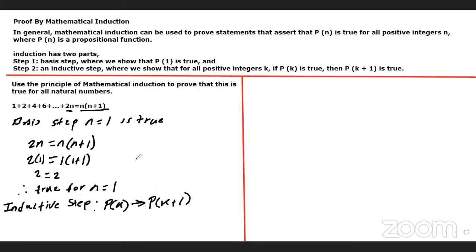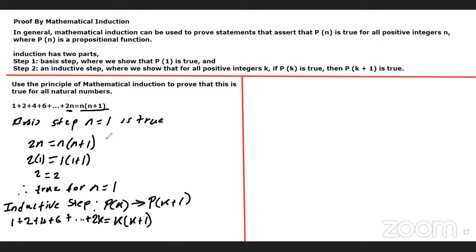First of all, we're going to write this statement in terms of k. So we have 1 plus 2 plus 4 plus 6 plus 2k is equal to k times k plus 1. All I did was replace the n's with k.